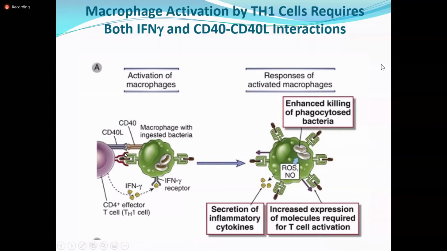So the upshot is that the macrophage requires cytokine signaling as well as CD40 ligand expression to activate into becoming an angry macrophage.